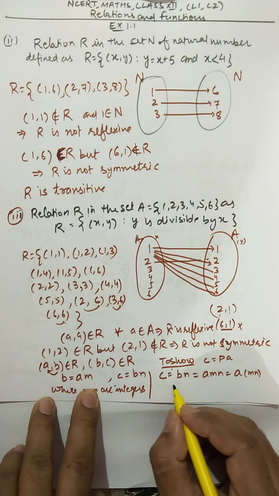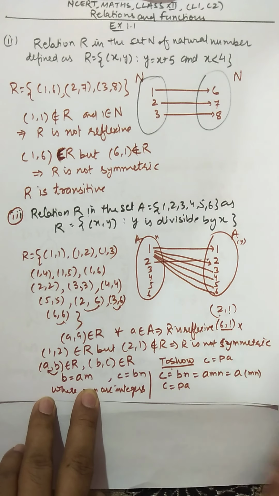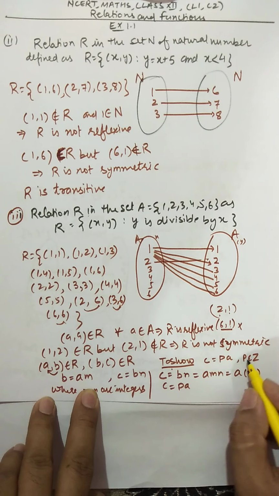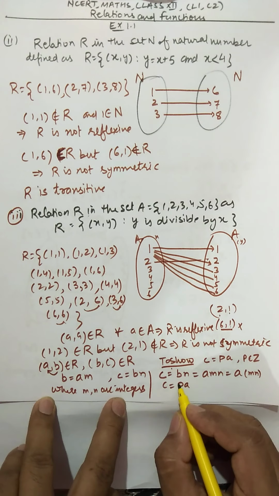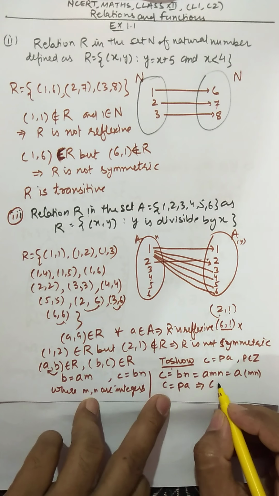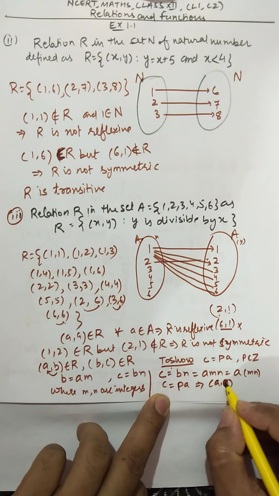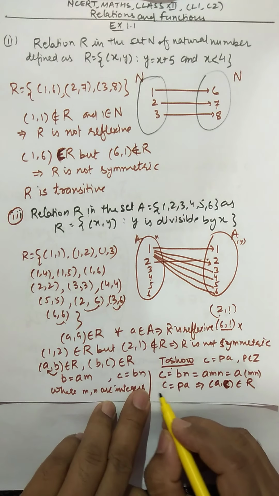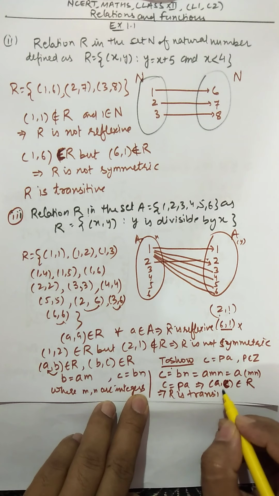So that mn, you can consider as p. p is again an integer, since m and n are integers. So c = pa. It implies that (a, c) belongs to R. It implies R is transitive.